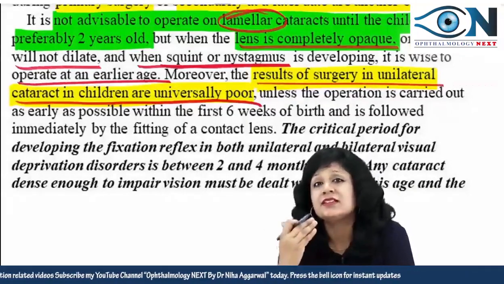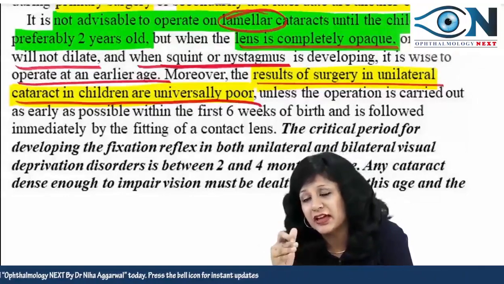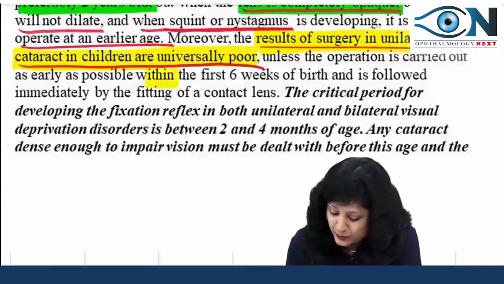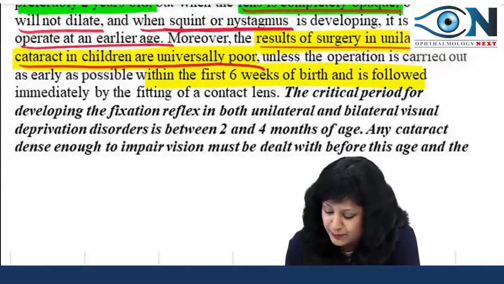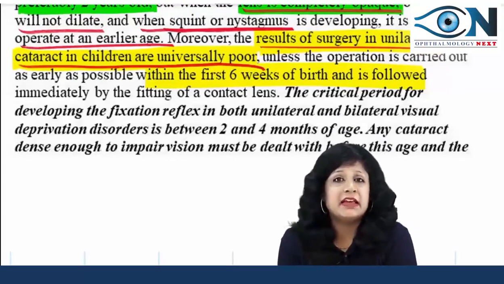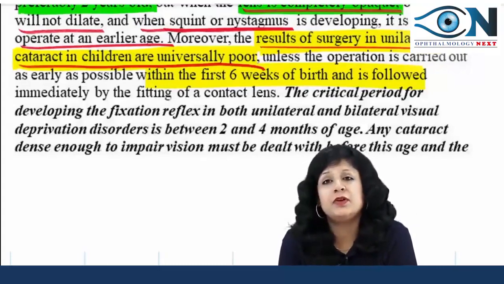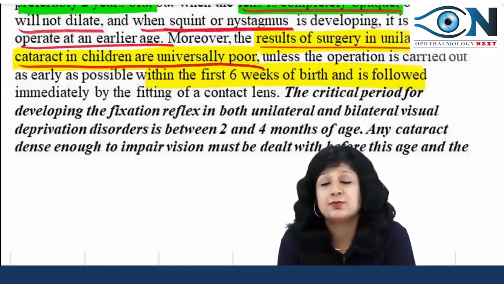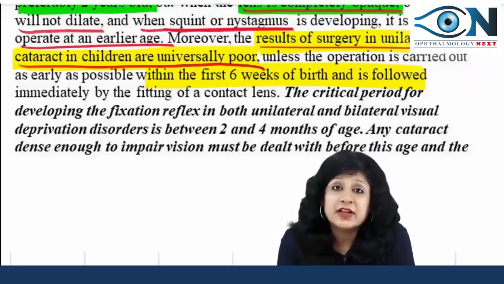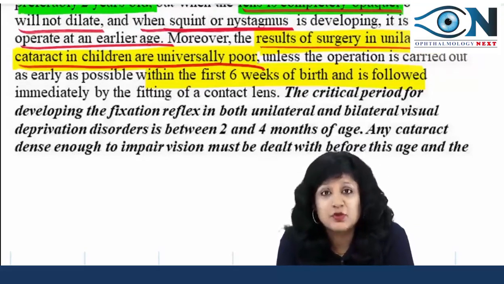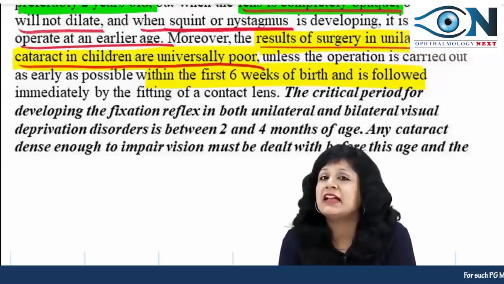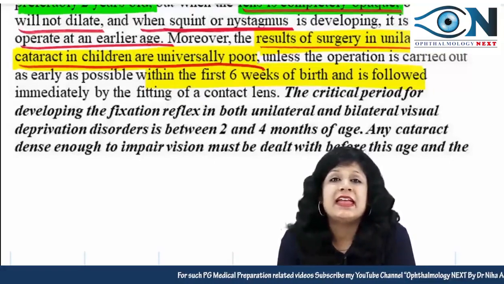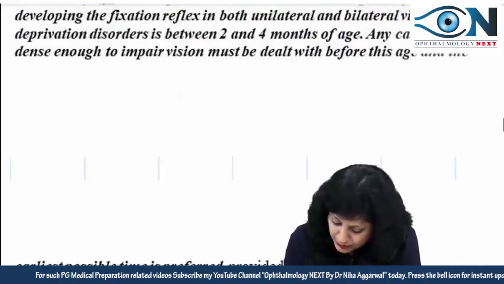Therefore there is a high chance that the eye will go into amblyopia unless the operation is carried out as early as possible, within the first 6 weeks of birth. If you remember, we discussed that the unilateral dense cataract should be operated as early as feasible, urgently: U for unilateral and U for urgently.